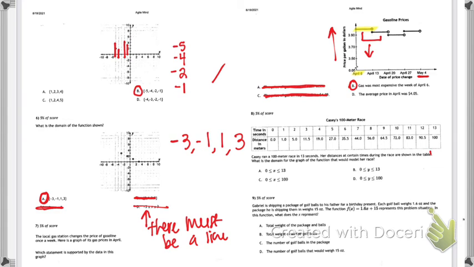All right, number 8. Casey ran a 100-meter race in 13 seconds. Her distances at certain times during the race are shown in the table. What is the domain for the graph of the function that would model her race?